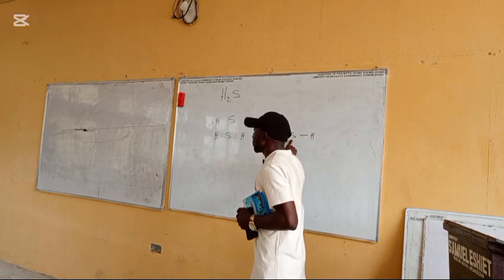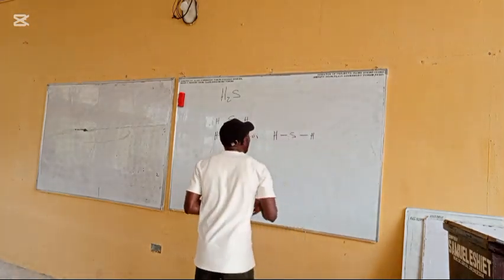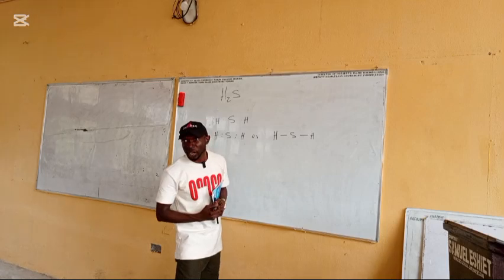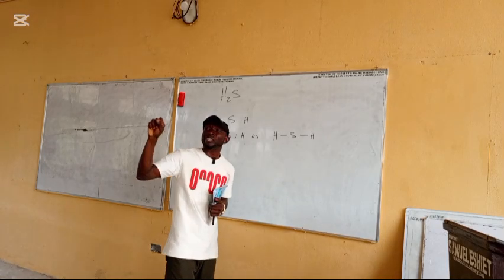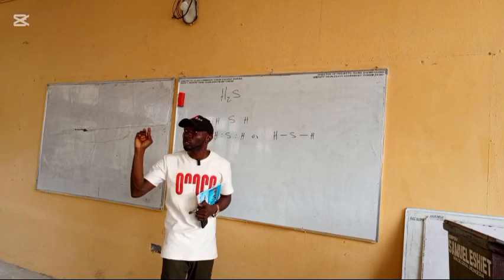Sulfur is in the 3rd period. It's going to attain octet, so the remaining number of electrons are going to be placed around sulfur to attain octet.